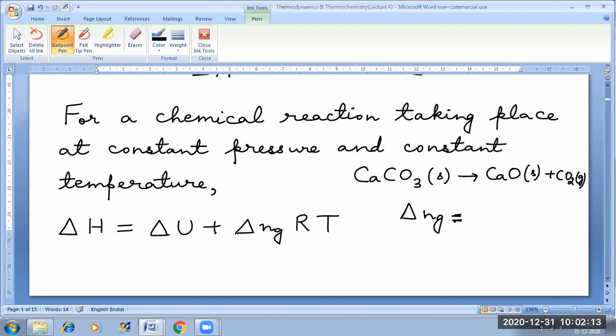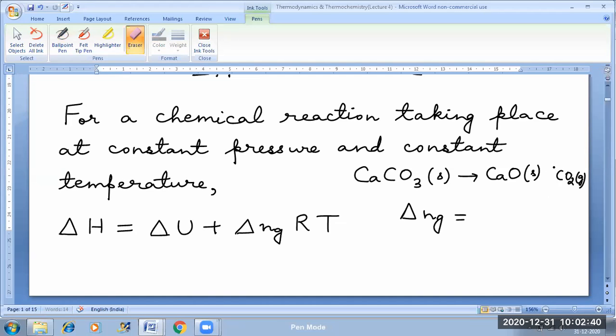What is the value of delta Ng for this reaction? How many gaseous components are present in this reaction? Only one. Only one, that is carbon dioxide, which is in the product side.